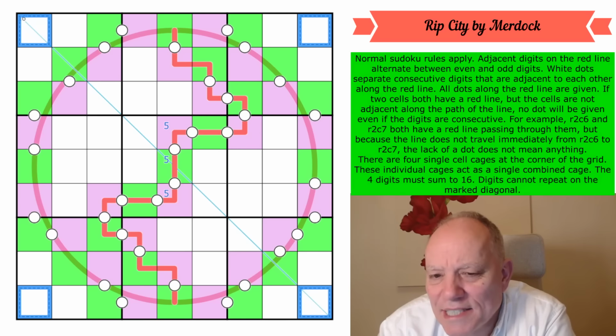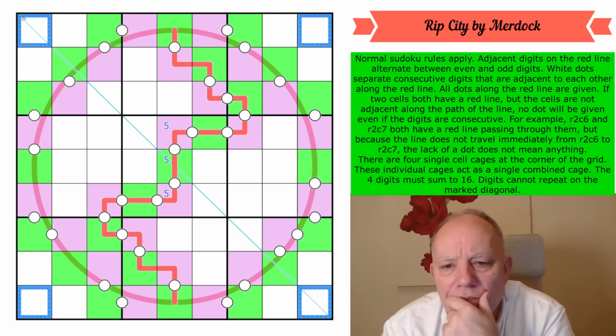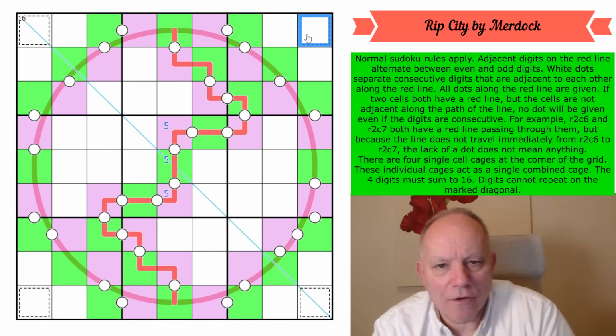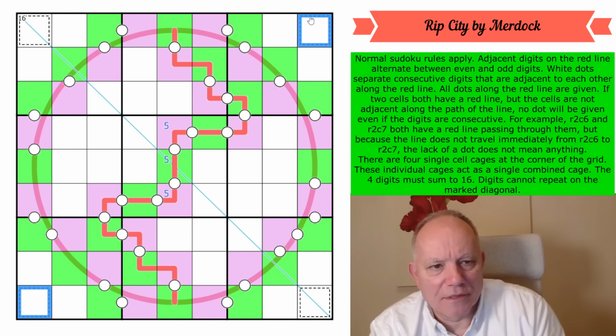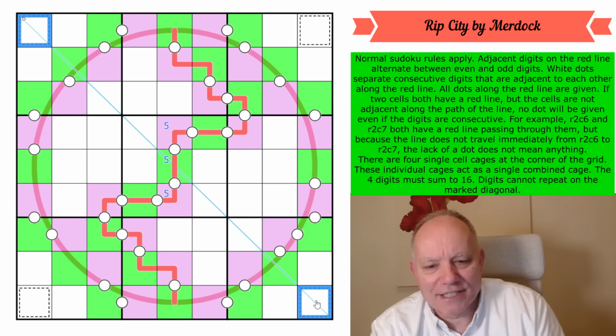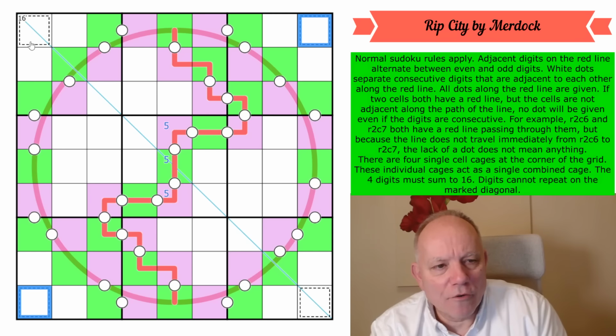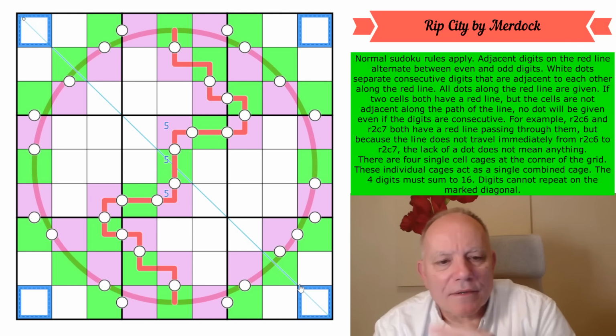Well, it didn't say digits couldn't repeat in this cage. So let's assume they can, annoyingly, although it would only be in those 2 cells, because these 2 see each other on the diagonal. And that means that they could all be even. I don't know if that's relevant. It probably isn't.